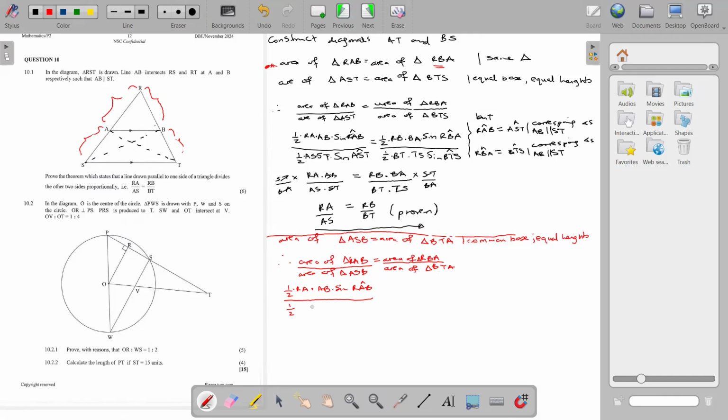Then here we are going to have AS. Then we consider the side AB. Then the angle that we'll be talking about will be BAS, or SAB.